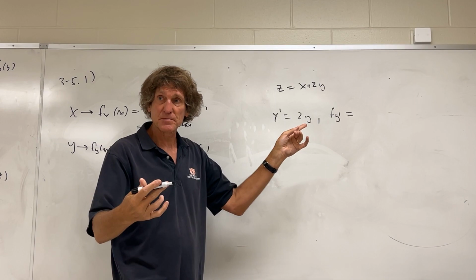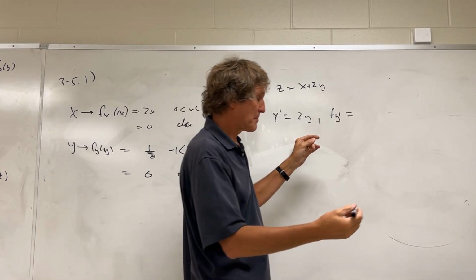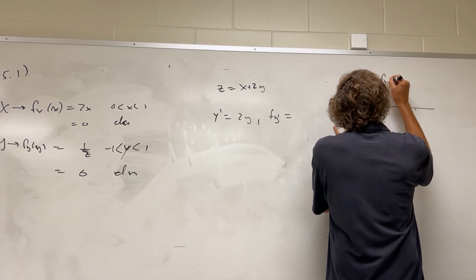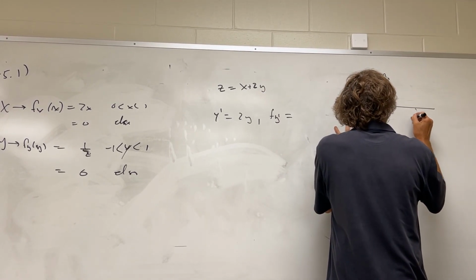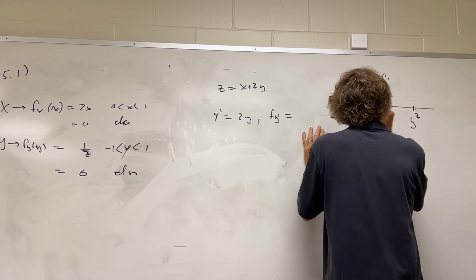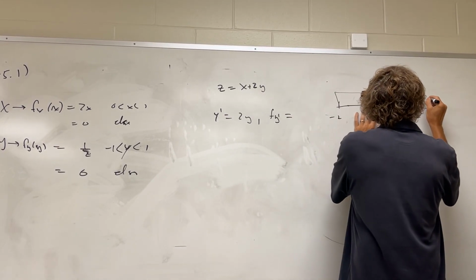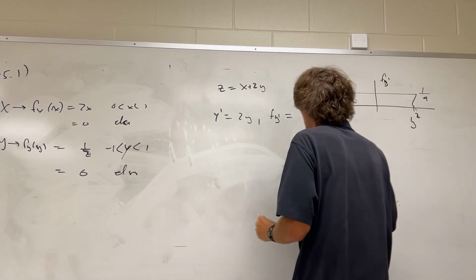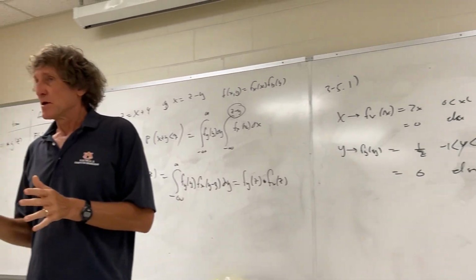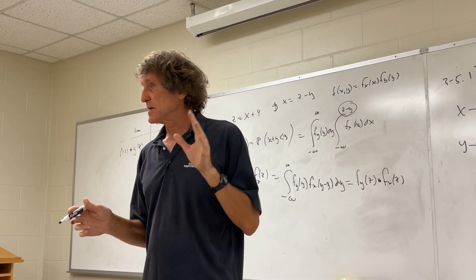You all follow me, class? So I'll just draw it up here so everybody has a mental idea of this. When I look at my f(y prime) versus y prime, this goes from -2 to 2. The density function has to be uniform, therefore it's 1/4 in height. I'm just showing you this. This is exactly what he does. You can do it a couple other ways, but this is the easiest in my opinion.